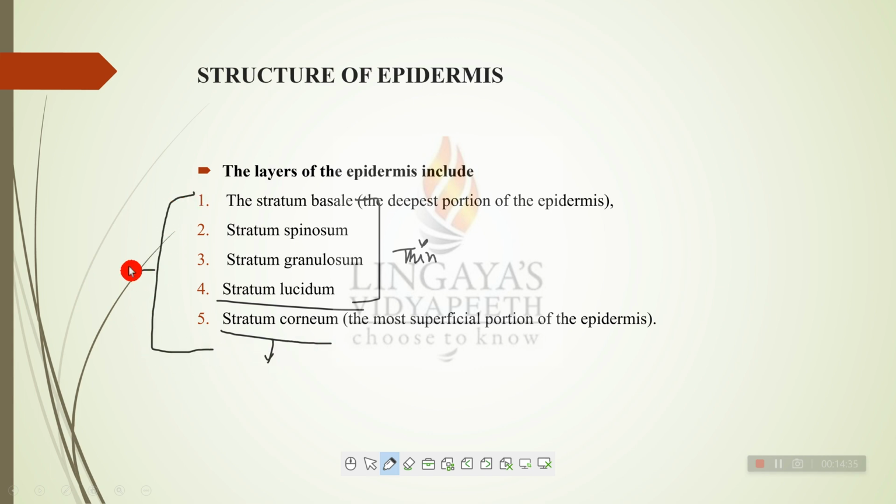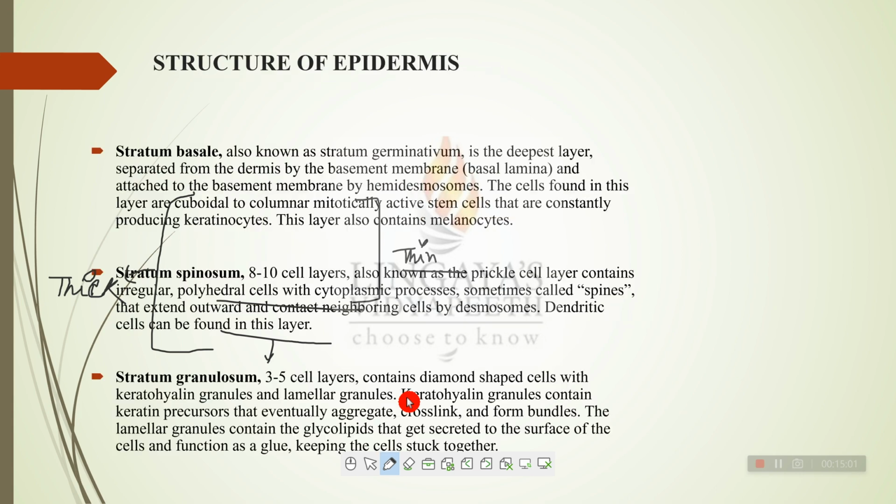These 5 will be present in the thick skin, and the 4, excluding the 5th or the superficial one, will be present in the thin skin. So here are the 5 sublayers of the epidermis, which are the stratum basale, spinosum, granulosum, lucidum, and the corneum.